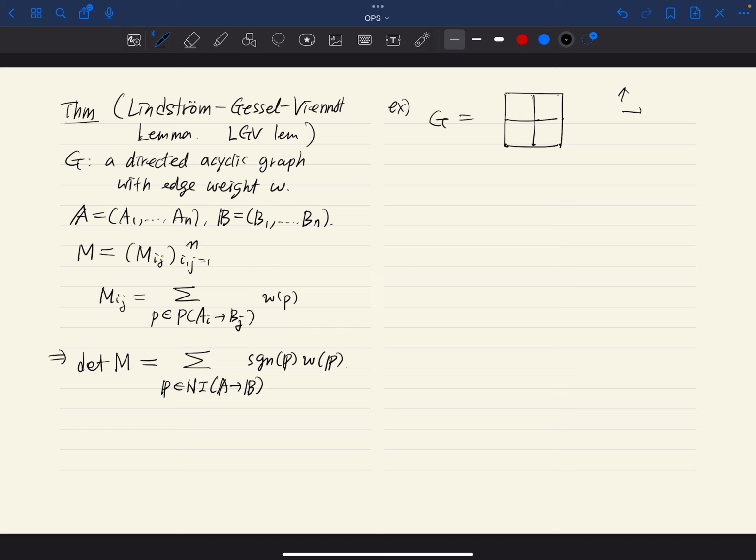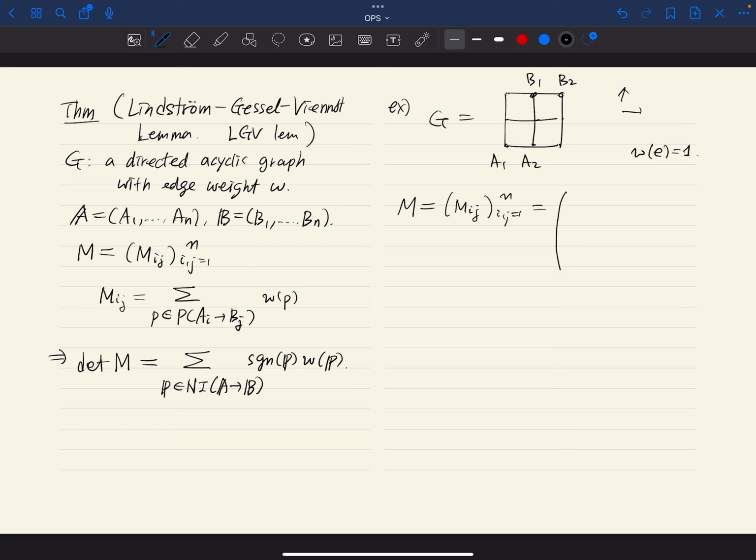This is A1, A2, and B1, B2. Let's just define the weight to be 1, so we just count paths. Then what is the matrix M, the Mij, i and j from 1 to n?